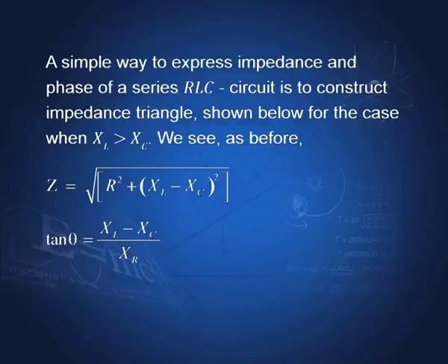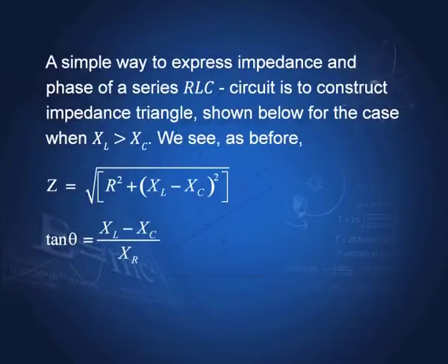Angle theta is the phase difference between the resultant voltage and the current, and that is given by tan theta equal to XL minus XC by R. You can make impedance triangles for other cases also.